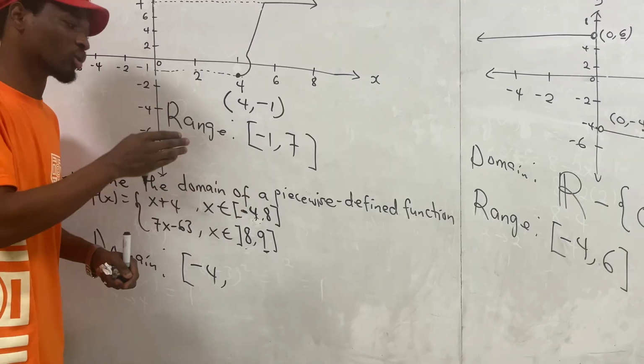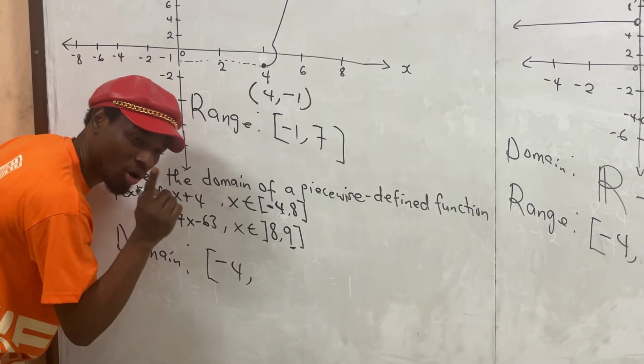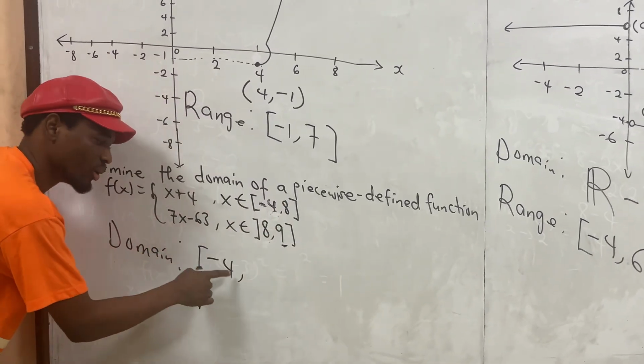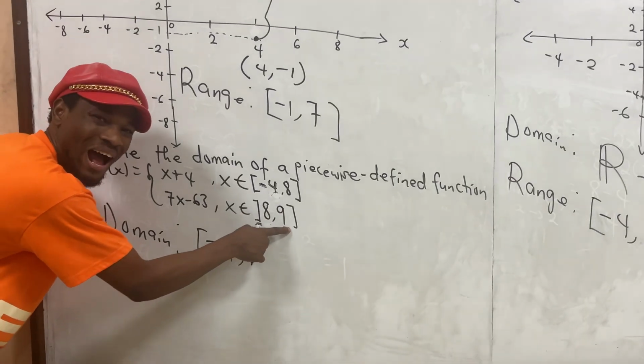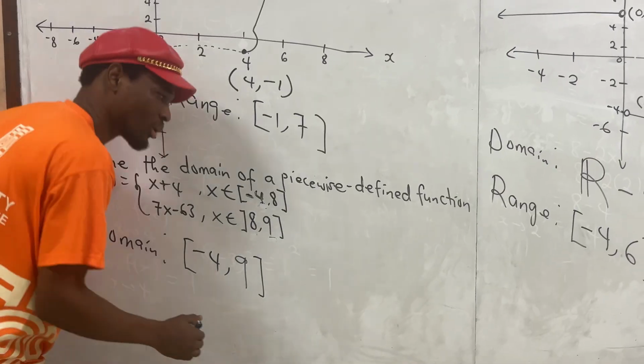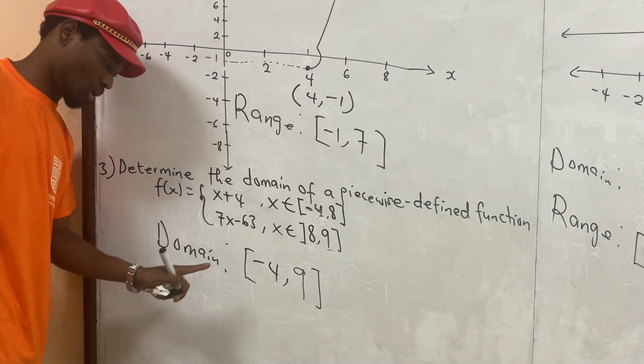We don't have to take this and that. You will be wrong. So you pick the first one, which is your -4, and your last coordinate, which is your 9. You can draw for this and that when you find your domain.